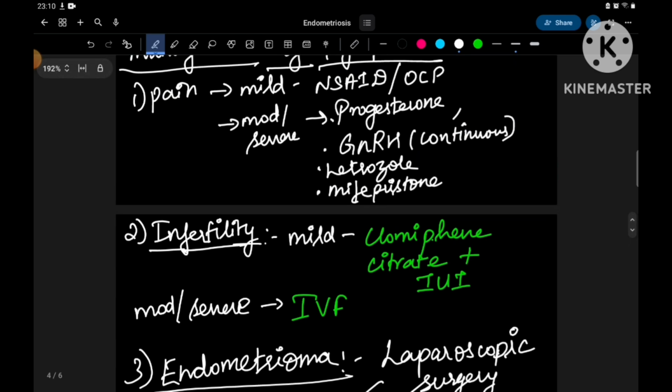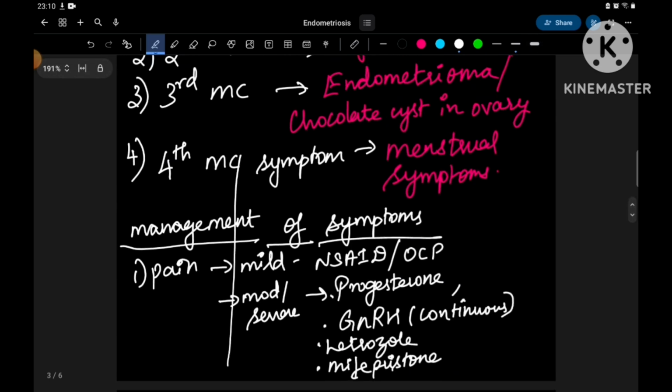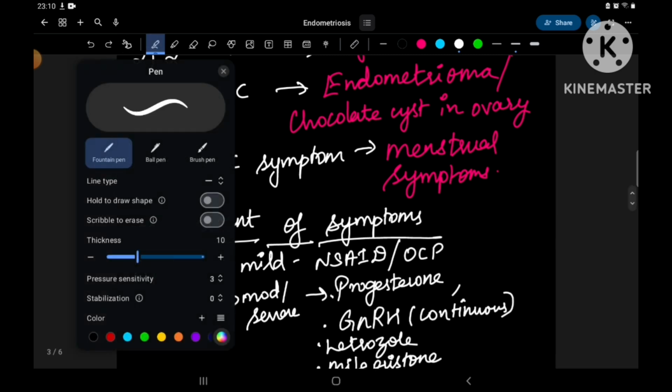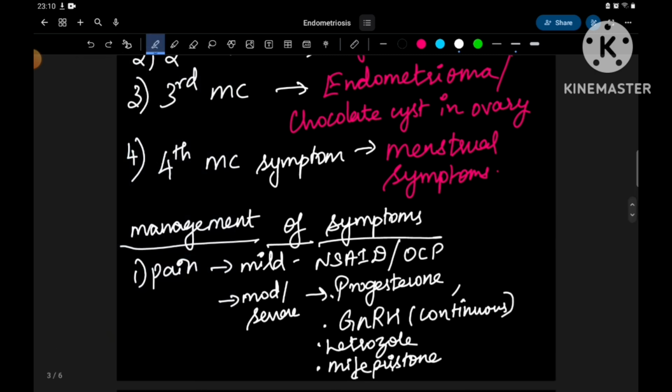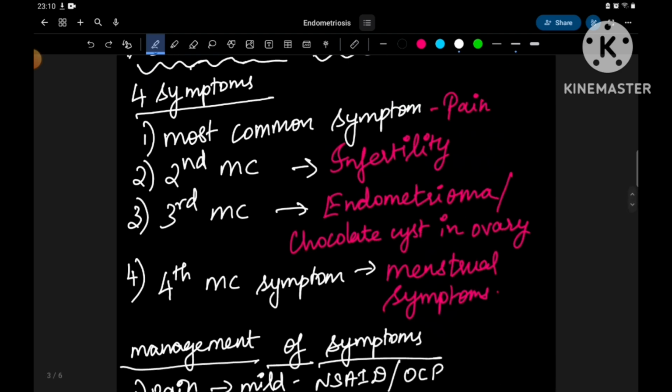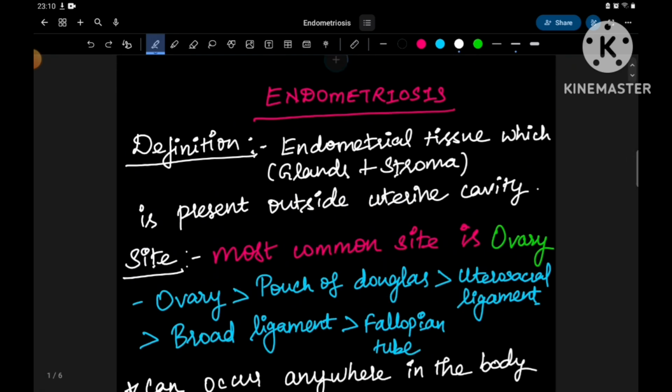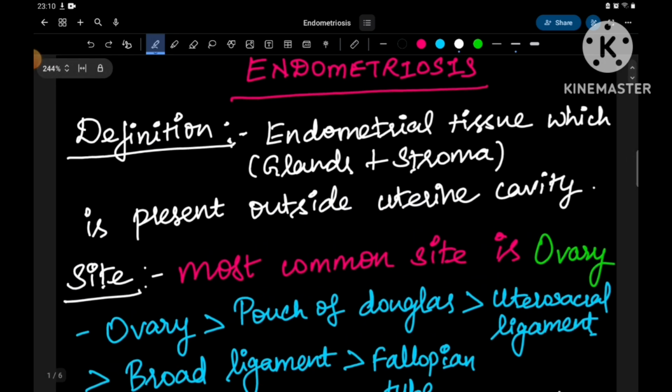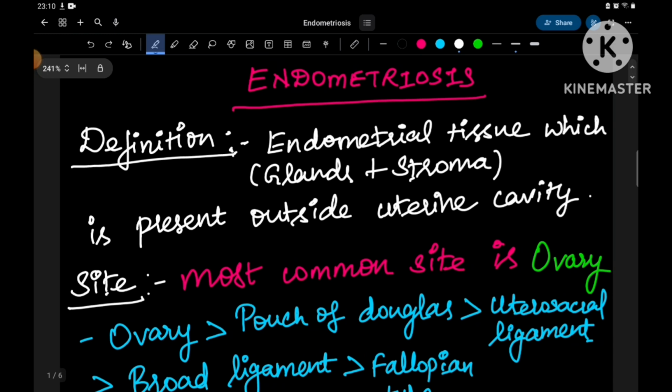See, like this only it comes. Yeah, just a second guys. I will use this. Now I can turn it. Okay guys, can you see this? Yes.